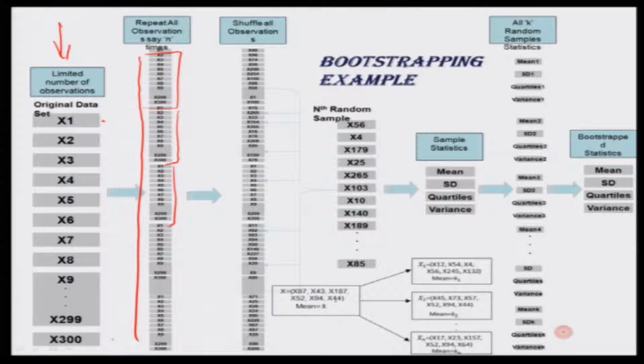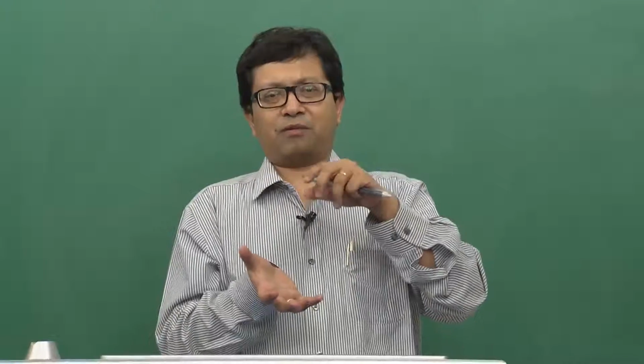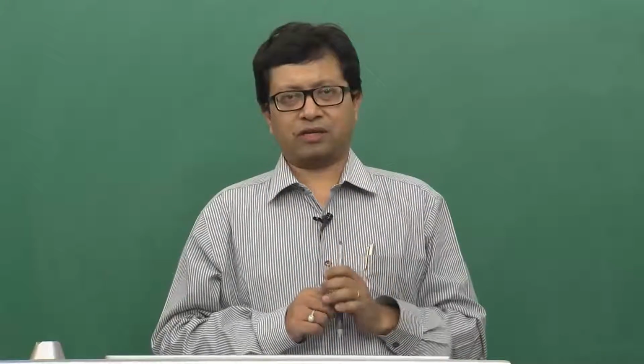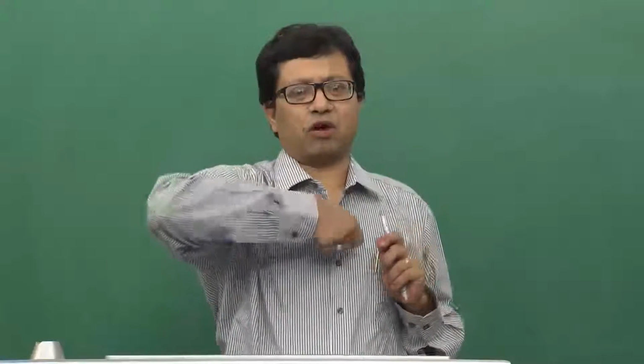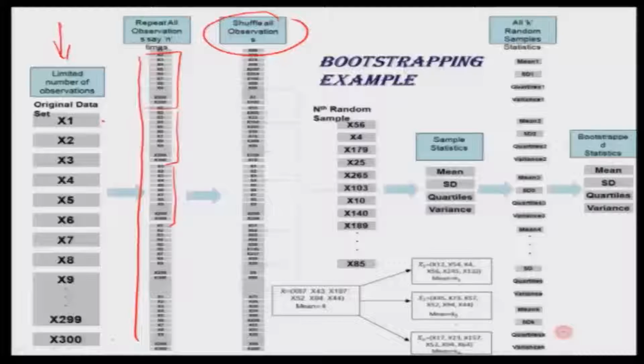Now you shuffle all the observations, as if they were noted down and kept in a box, shuffled rigorously, and then laid down in the column. This is just a snapshot of the random order: x40 is there, then x198, then 674, then 58, and so on.